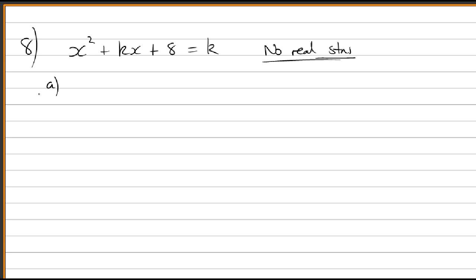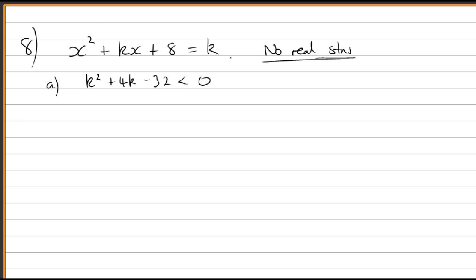Question number 8. We are given the quadratic equation x squared plus kx plus 8 equals k, and we are told this has no real solutions, and we are asked in part A to show that k satisfies k squared plus 4k minus 32 is less than 0.